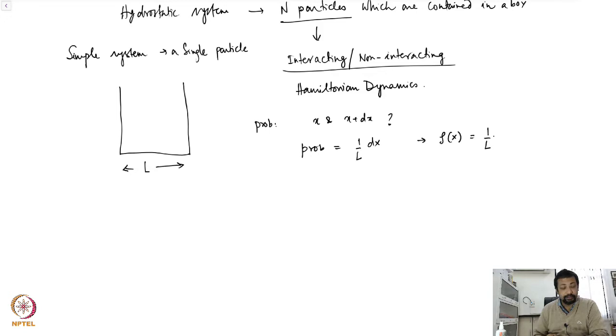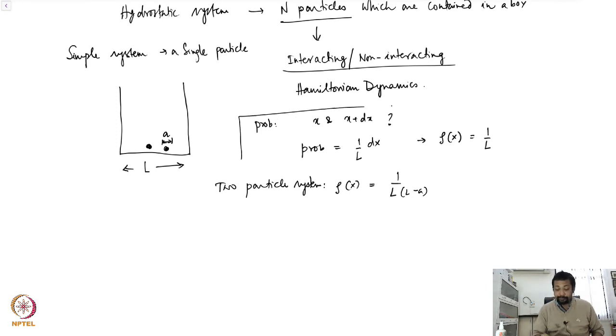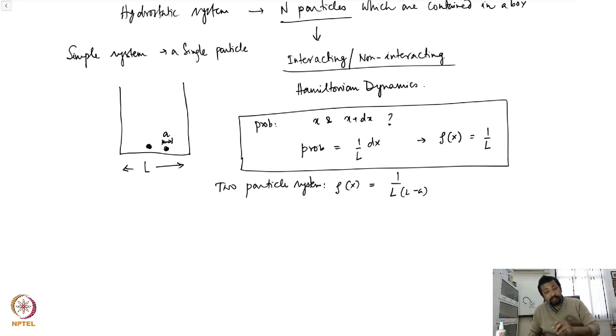If I now put in another particle, each of these particles having a size of, let's say, A, then for the two particle system this quantity becomes 1 by L minus A. In the former picture, when I had only a single particle, talking about probability is meaningless in the sense that I can solve Newton's equation of motion.